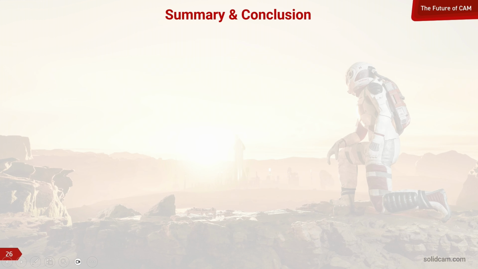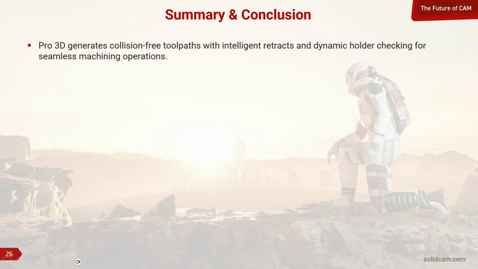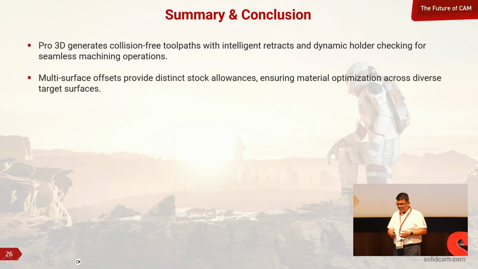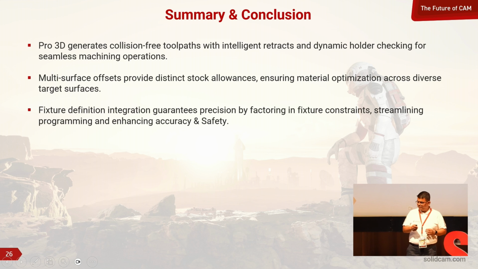So, summary. Pro3D, first of all, generates collision-free and optimized toolpaths taking into account the holder, fixture, and everything. Multi-surface offsets provide distinct stock allowances on different surface groups, ensuring the material optimization happens on the target surfaces.